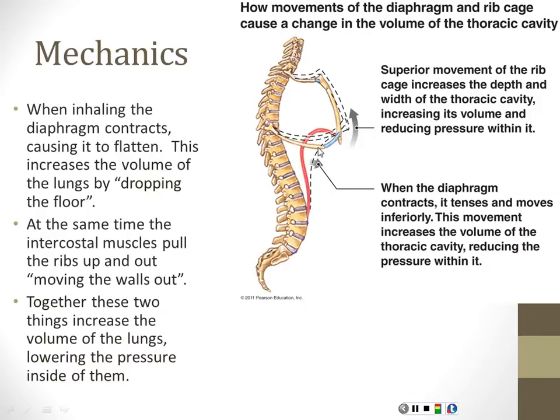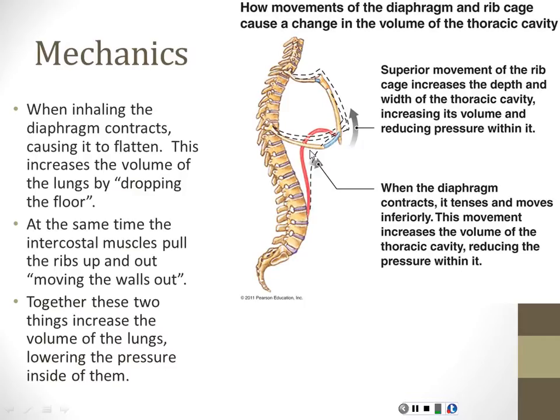At the same time, in normal breathing, the ribs move up and out. So while the floor is dropping, the walls are going out. We have the same thing: an increase of volume, which causes a decrease in pressure. So every time we inhale, the diaphragm flattens, the ribs come up and out, the volume of the lungs goes up, which means the pressure inside them goes down.